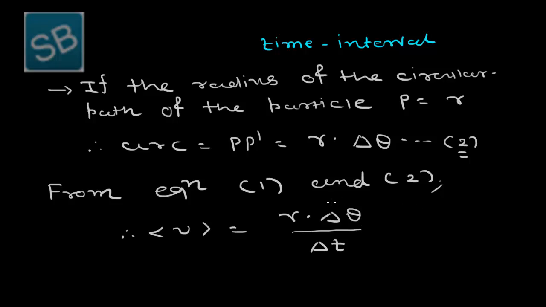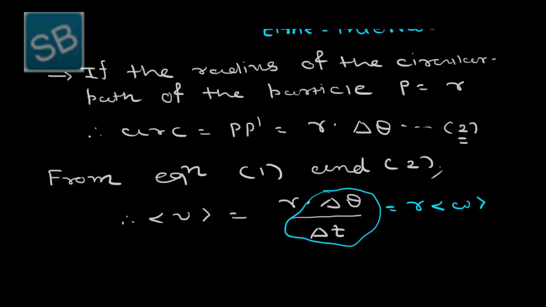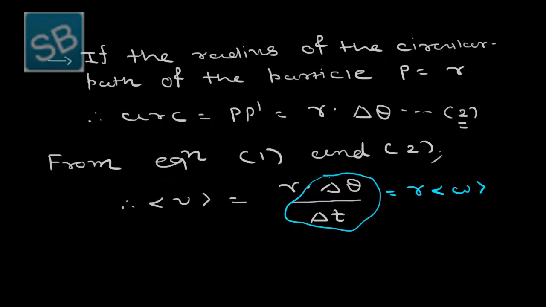Now if you remember, this delta theta over delta t is nothing but the angular velocity or angular speed. So I can directly write r omega.